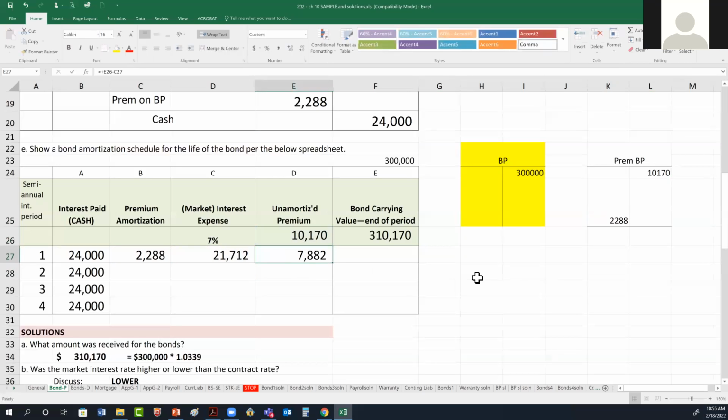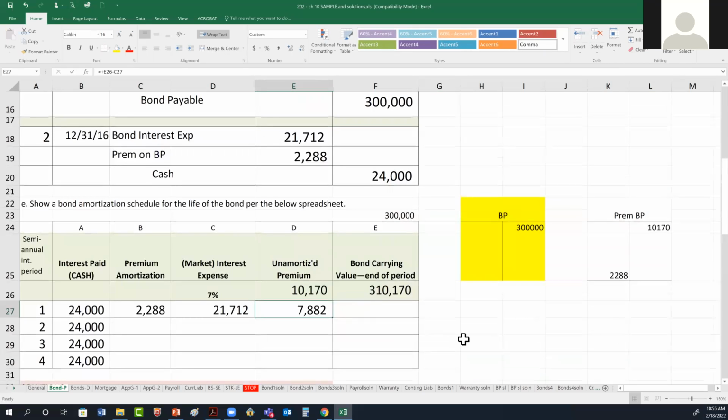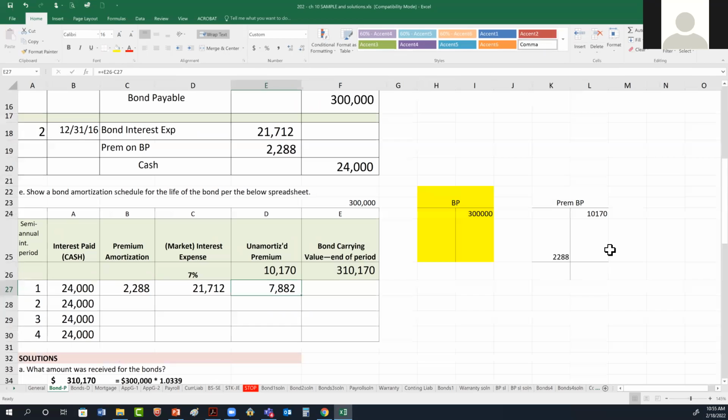Professor, yes. It makes sense, looking at the table, for it to be debited. I was just wondering why the premium, for the second table, is being debited the 2,288. Here, right here. Yeah, it makes sense how it's laid out, number-wise, but I'm just wondering why we have it as a debit.